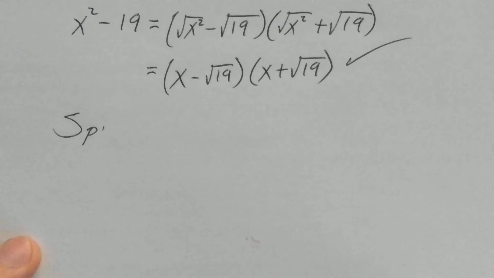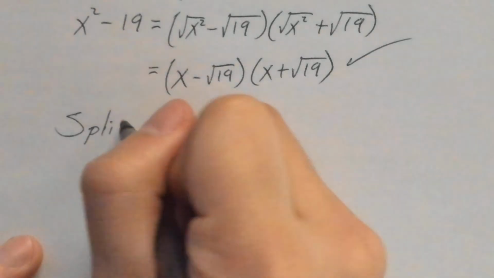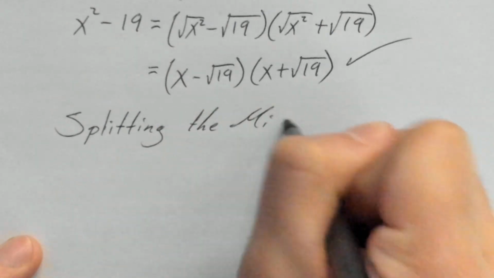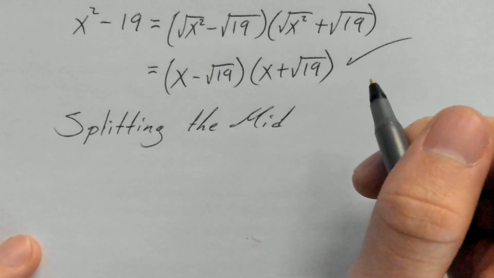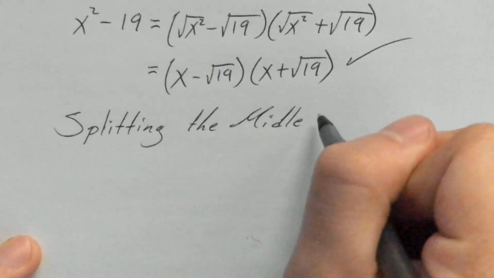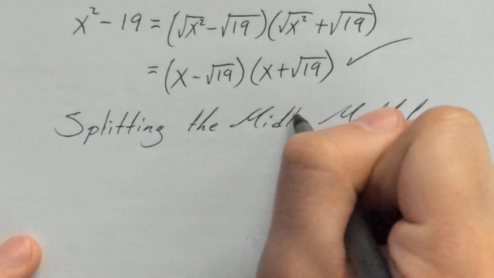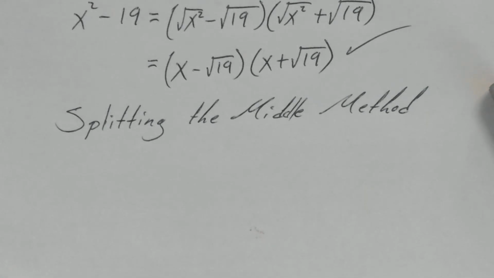Splitting, is that with a double P? No? A single one? Is it double T? It's double T. Is it double D? I'm sorry. Is middle with double D? I don't think so. Oh my goodness. It is double D. It is double T. You don't know. You're the teacher. I don't teach English. Still, we don't teach math. We're going to go to college. Isn't that the whole point of learning?